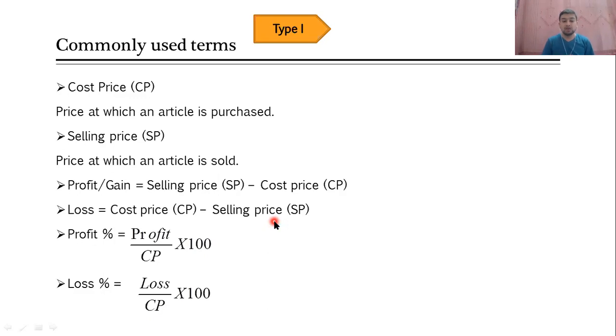Now what is loss? Cost price minus selling price. Let's say cost price is rupees 100. You have purchased one decorative piece at rupees 100, but the situation is like that, you have to sell that decorative piece at rupees 95, because the customer is not listening and is not ready to pay you rupees 100.